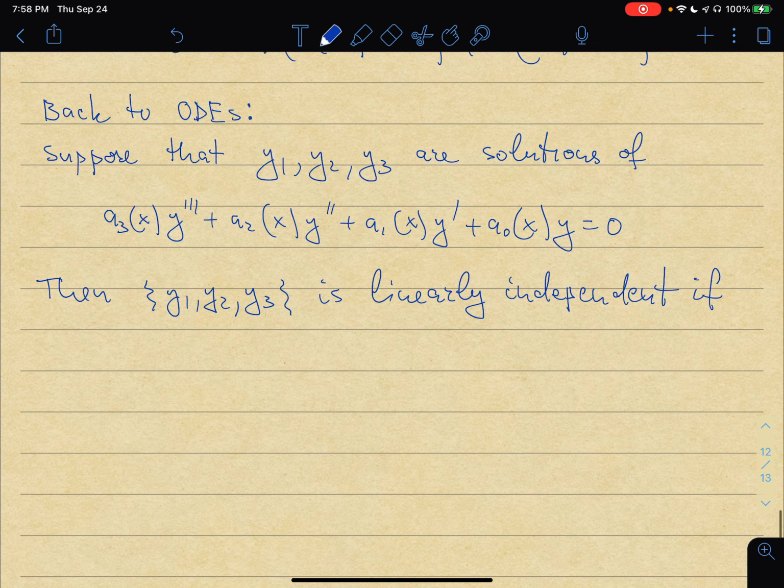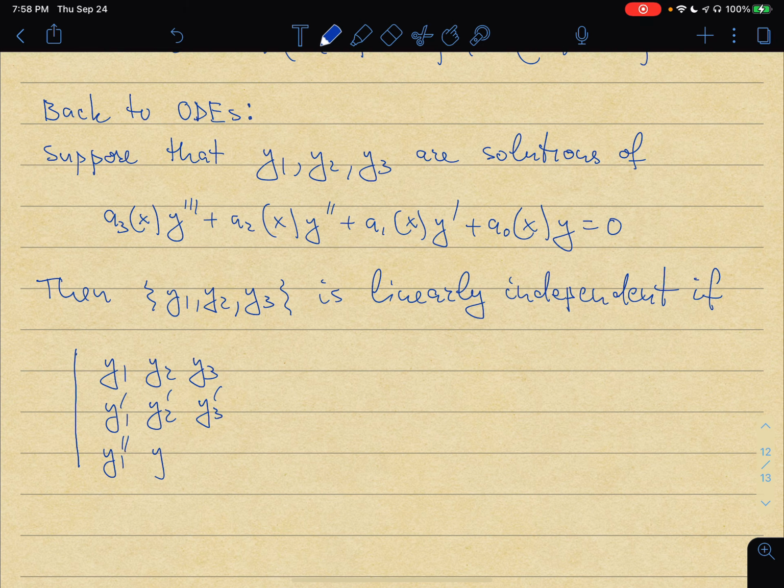if the following determinant y1, y2, y3, y1 prime, y2 prime, y3 prime, y1 double prime, y2 double prime, y3 double prime, so that is a 3 by 3 determinant, is not equal to 0 for all values of x.